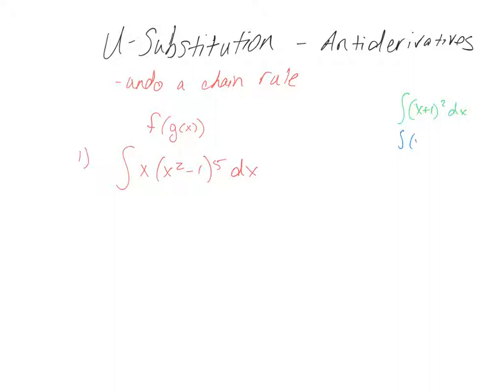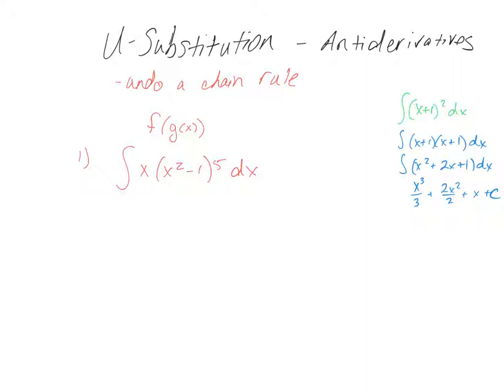So I can have x plus 1 times x plus 1 and FOIL that. So I have x squared plus 2x plus 1 dx. And then I can take the antiderivative of each piece. So if I have something with a square, I can very easily FOIL that.